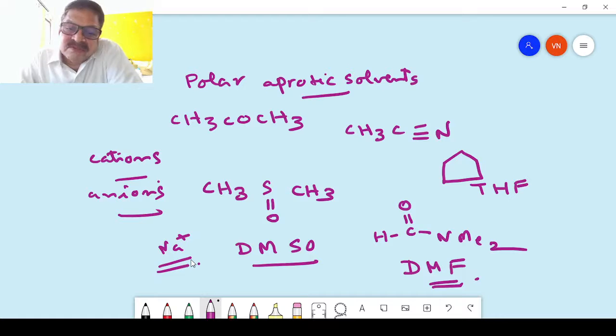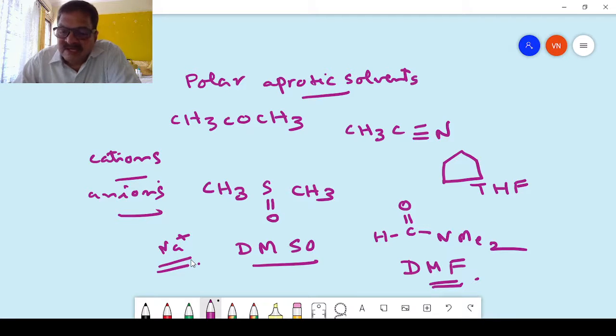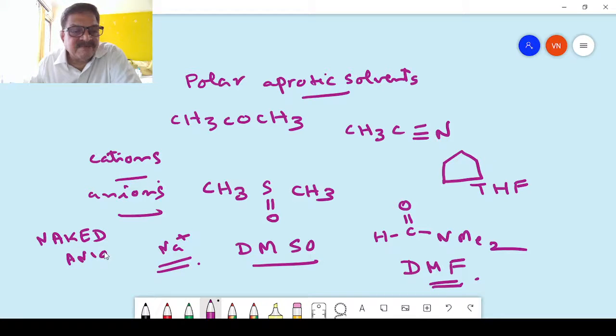Now there is no possibility of hydrogen bonding. The bromide ions are not well solvated. Therefore, the bromide ions are surrounded by the solvent molecules, but they are not solvated by the acetone molecules. So these are known as naked anions, because they are surrounded by these solvent molecules, but there is no solvation.